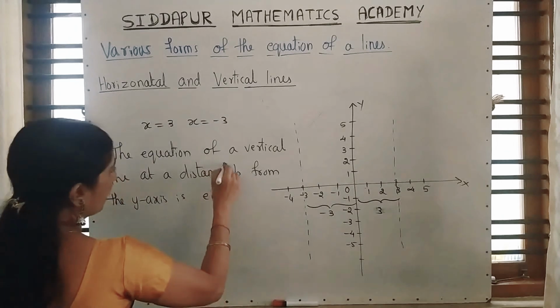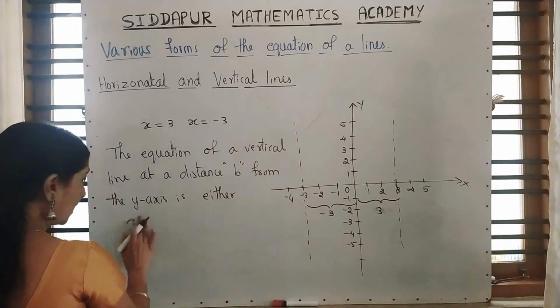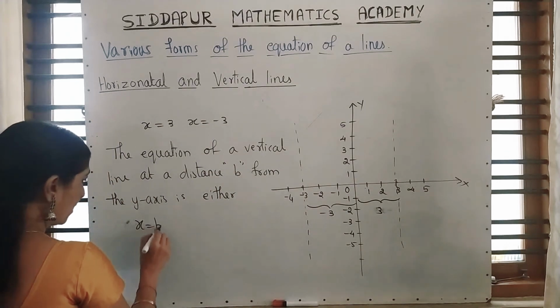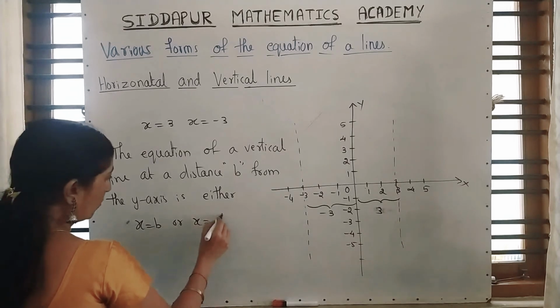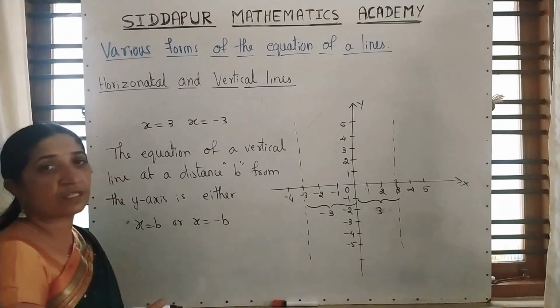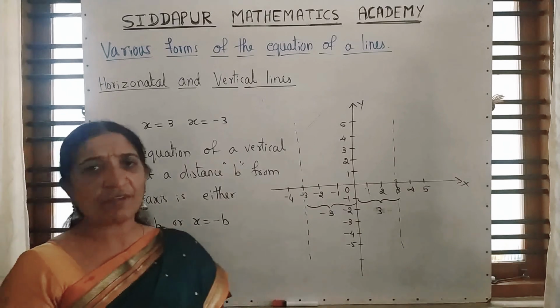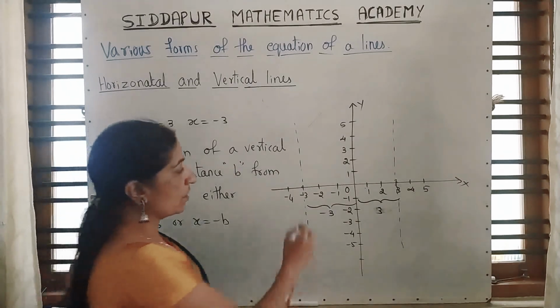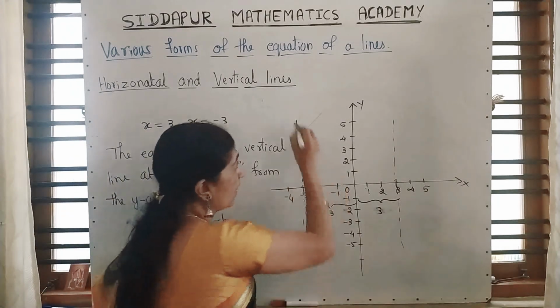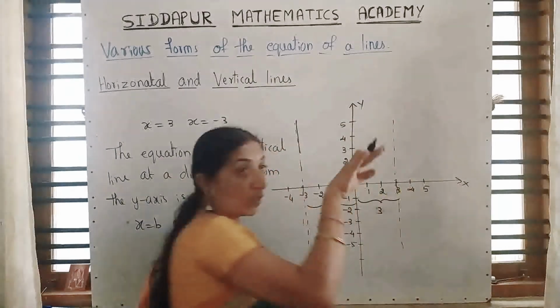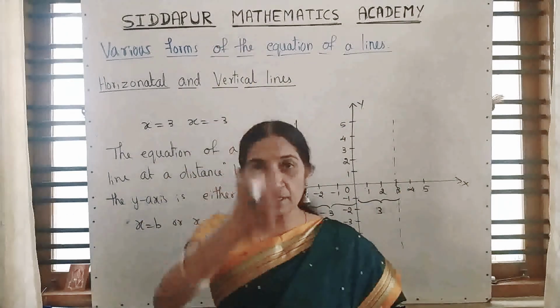In general we are writing b. Either x is equal to b or x is equal to minus b. It is not necessary to take b, you can take any value. Understood? So this is a vertical line and horizontal means like this. This is horizontal, this is vertical line.